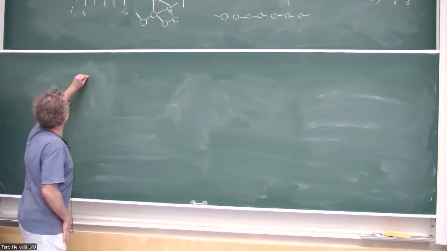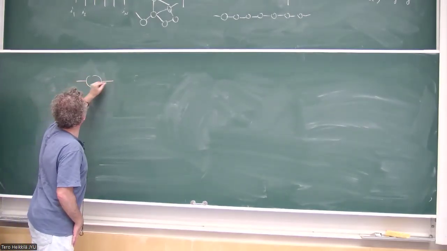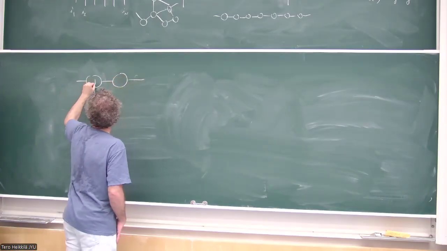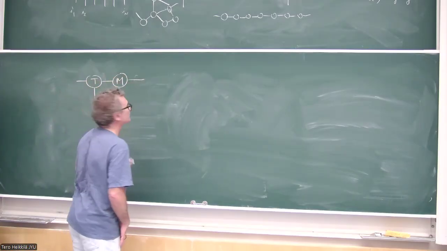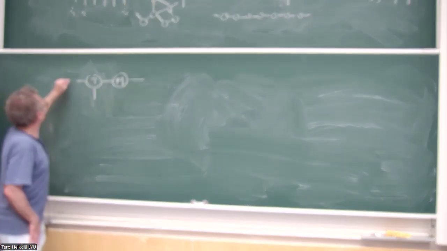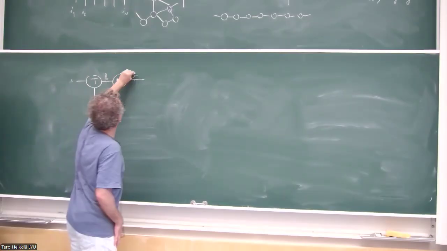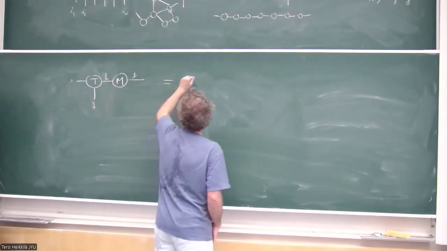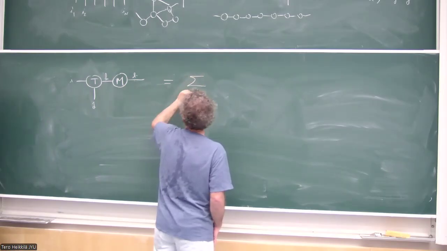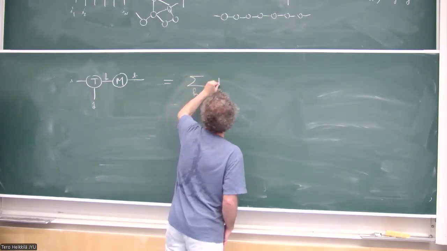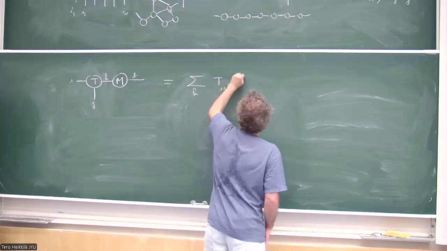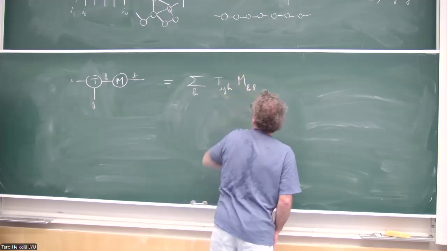So essentially, if I have a tensor like this, another tensor like that, let's say this one is T, this one is M, with indices I, J, K, L. This is actually equal to sum over K of T_IJK M_KL.